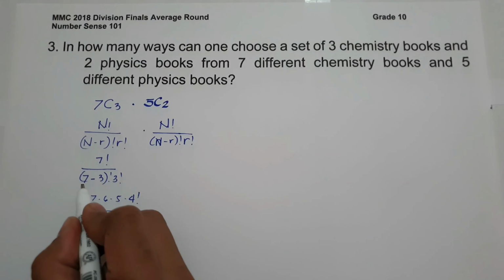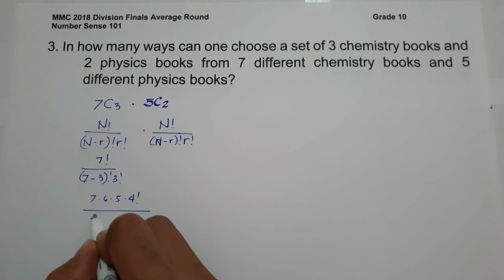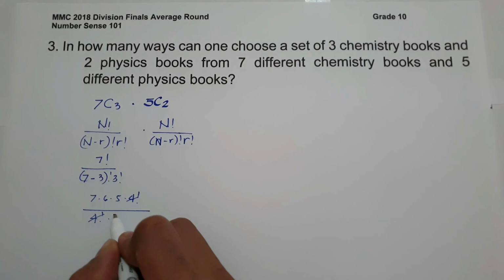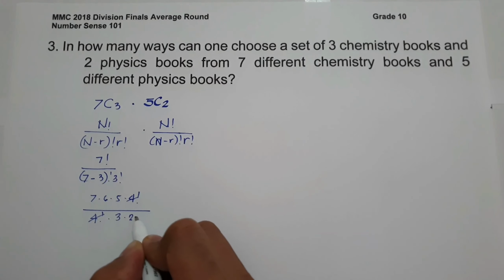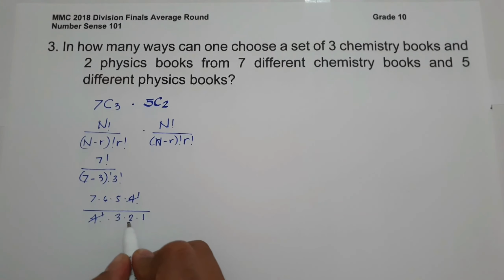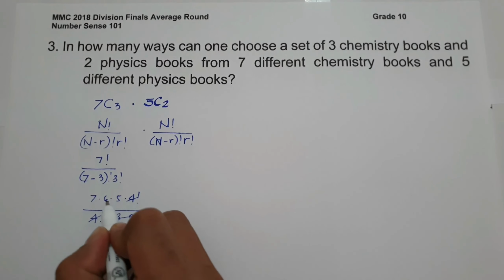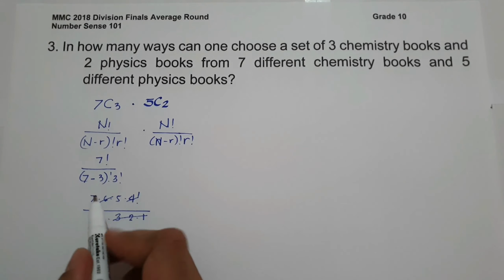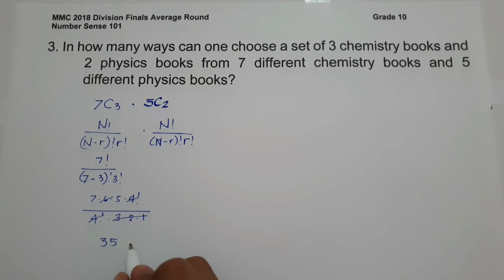And 7 minus 3 is 4 factorial, so we can cancel this. And 3 factorial is 3 times 2 times 1, that is 6. Let's cancel this one. So this is 35, since 7 times 5 is 35.